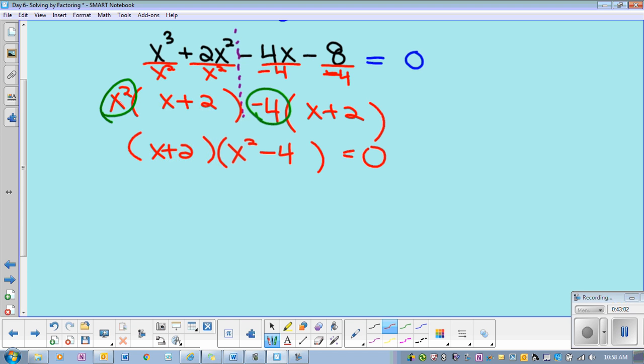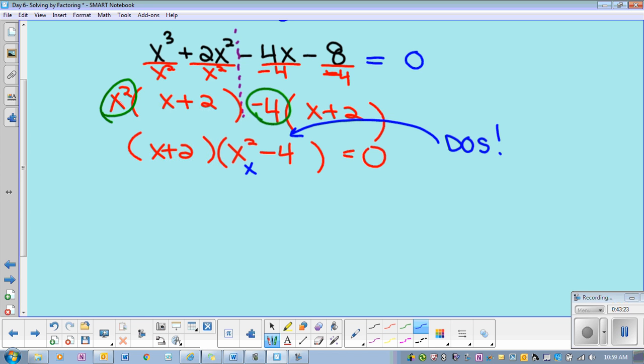Hold on. Am I done factoring here? No. What do I have to do? This one, x squared minus 4, that has a difference of squares. What is the square root of x squared? x.